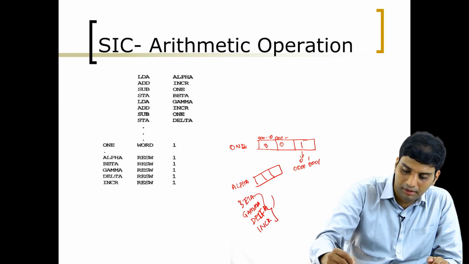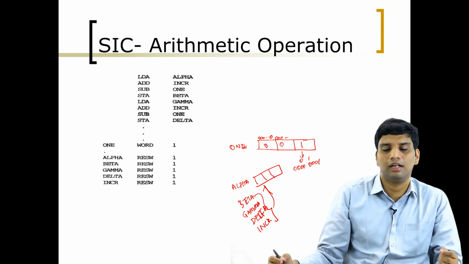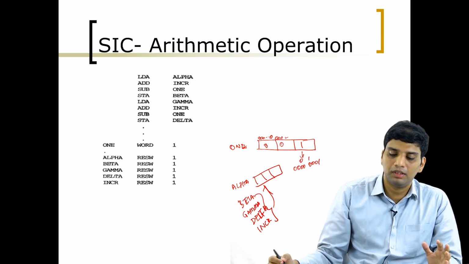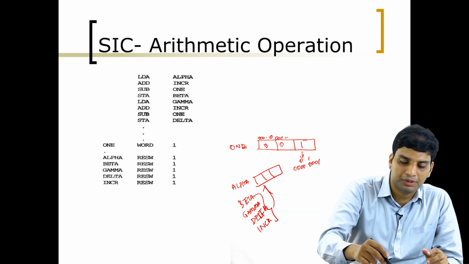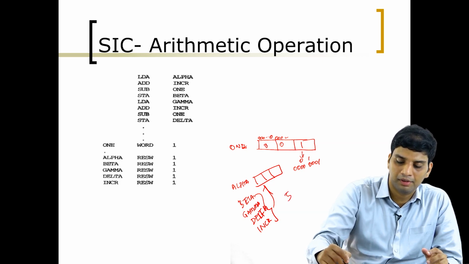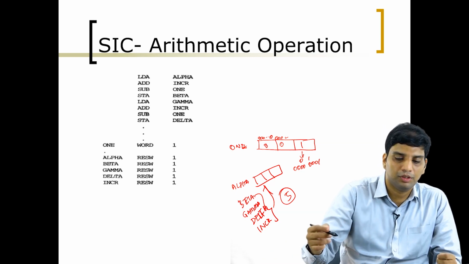All these are reserve words. So it is not going to store anything. As I said earlier, the only thing it is going to do is reserve memory. So you have reserved 1, 2, 3, 4, 5 words in different names. Clear? So first we will go into the program.